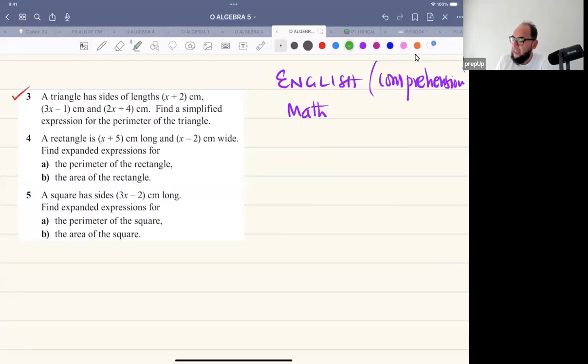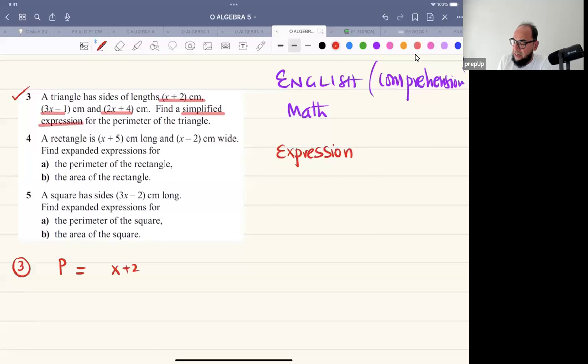It says a triangle has sides of length x plus 2, 3x minus 1, 2x plus 4 centimeter. Find a simplified expression. So now, first of all, we are talking about an expression. We are not talking about an equation. So perimeter of the triangle in question number 3, it's the sum of all the sides.